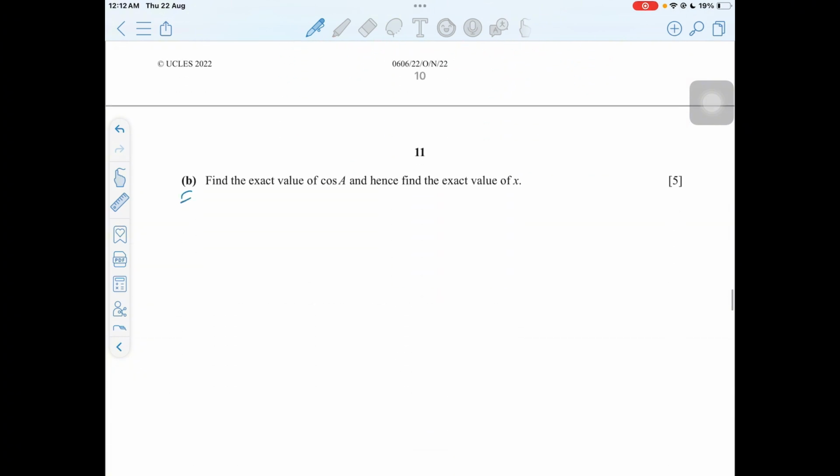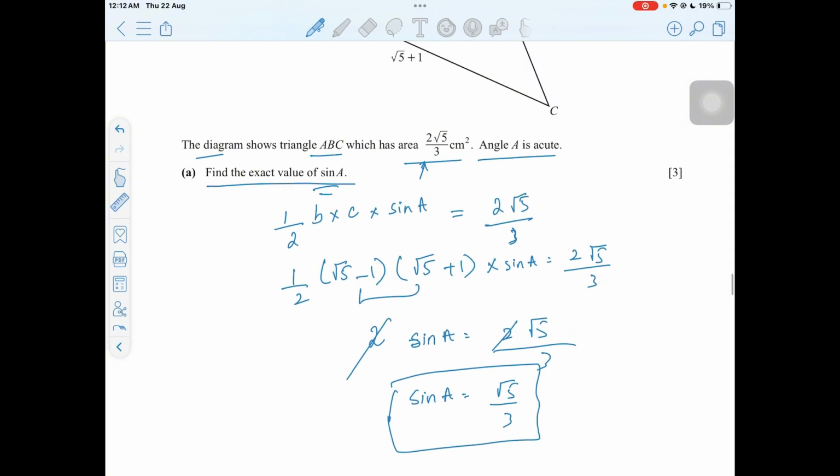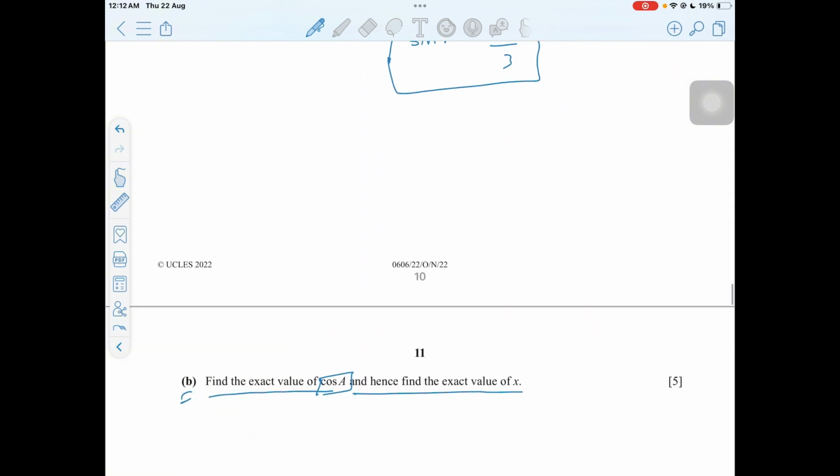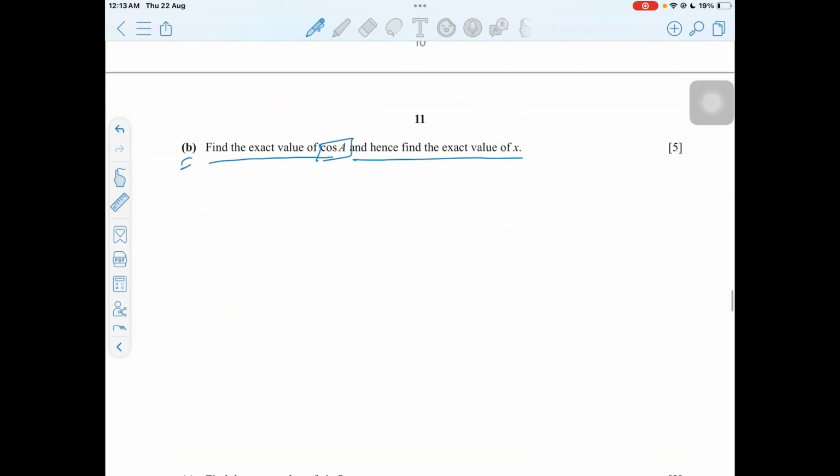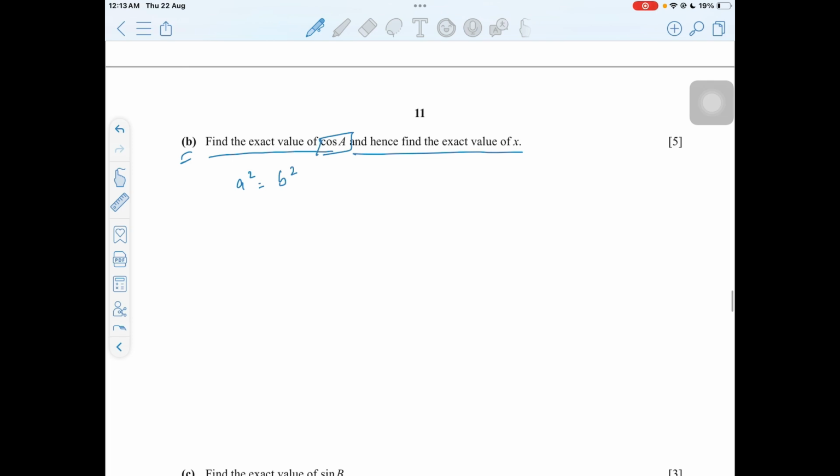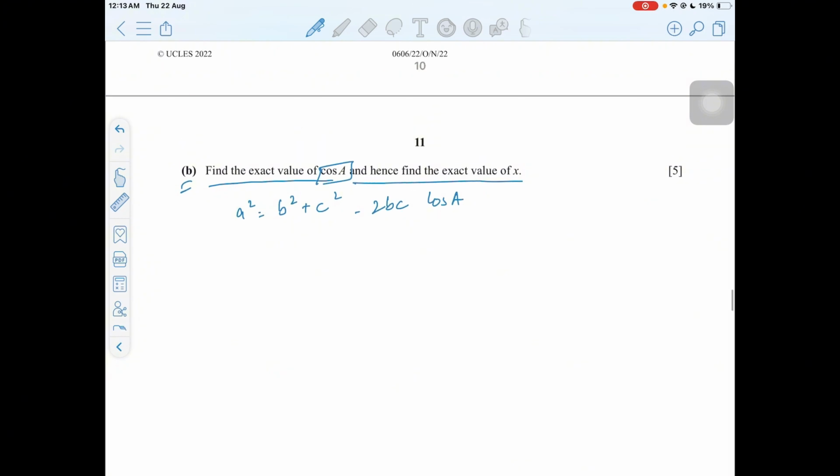Now moving on to part B, we have: find the exact value of cos A, hence find the exact value of x. So for cos A, we need to apply the cosine rule, right? Our cosine rule is given as a squared is equal to b squared plus c squared minus 2bc cos A, right?